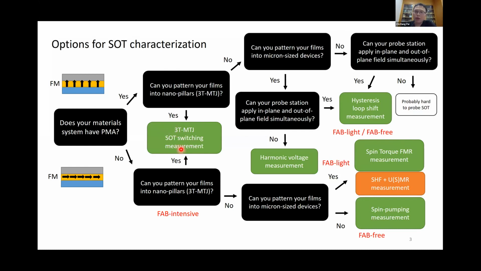But this is typically hard, even for a research institute with a well-established fab facility. And it's also very difficult for university labs. So that's the reason why we sometimes want to go for other types of characterization methods.